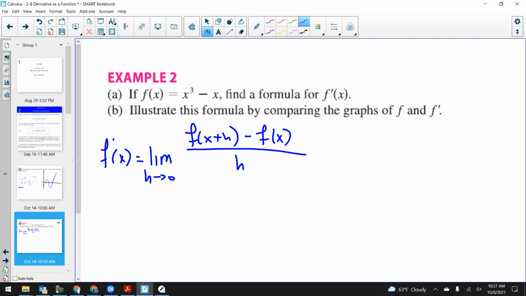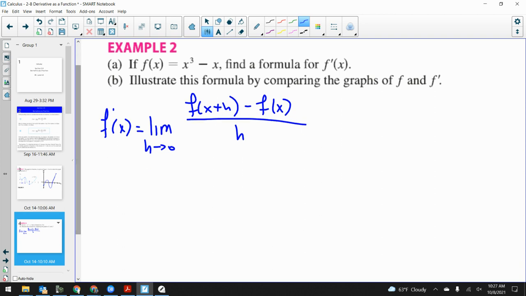You want to know something really sad? Not really sad, really something to look forward to. In chapter 3, by section 3.2, you're going to be able to calculate this derivative in a second. And that's not an exaggeration. But for right now, we've got to do the hard work. We've got to do the dirty work.